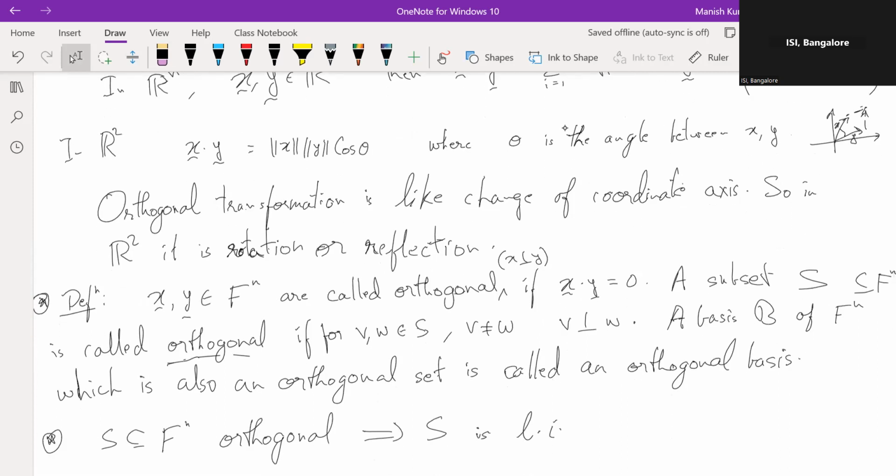First let's say what are orthogonal vectors. We can do this over any field; R is not necessary. So let x and y be in Fn, F a field.